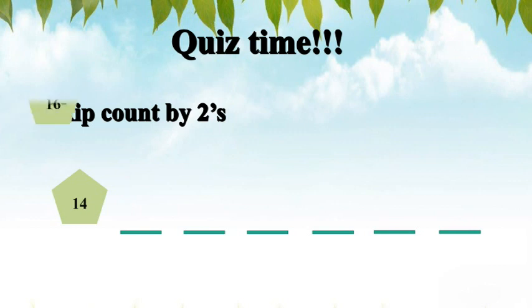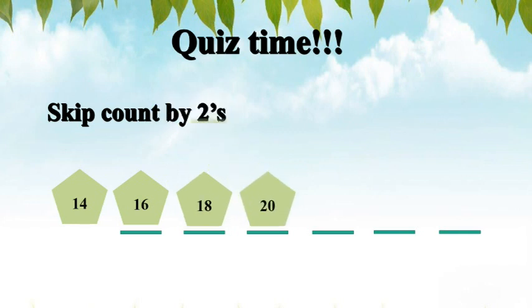Is it correct? Yes. 18. And what is the next number? Yes, 20. 22, 24 and 26. You did a good job. You all know now how to skip count, right?